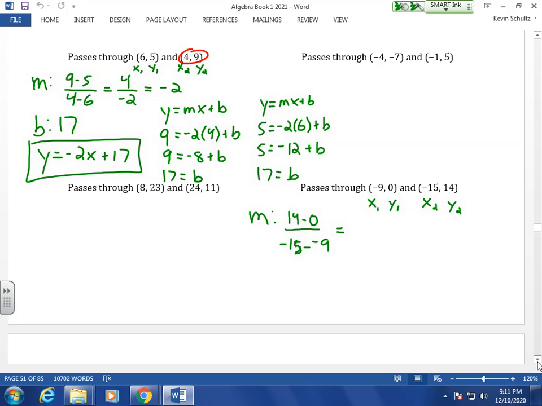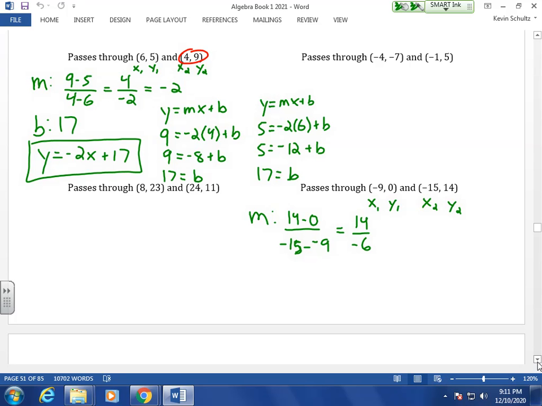Remember that when that value is negative in the ordered pair, you need both the subtraction sign from the formula and the negative sign that belongs to the number. And we end up with -15 plus 9 here, right? So 14 minus 0 is 14. -15 minus -9 is a -6.